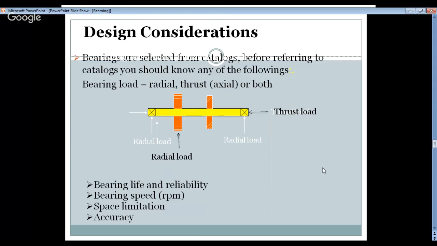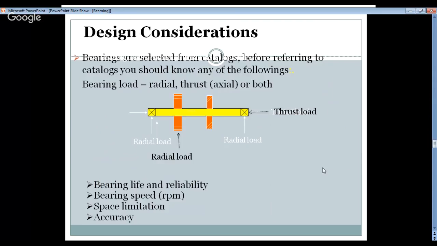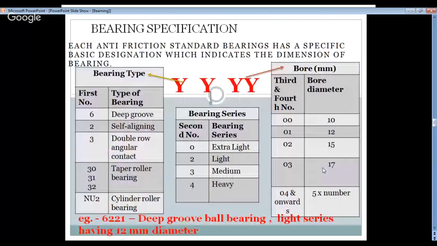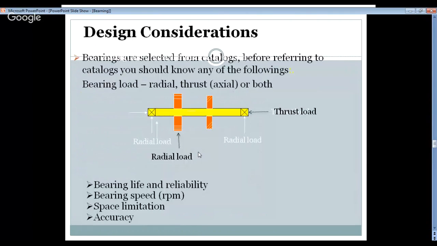And the last one is accuracy. Methodology to solve the problems: to define all these parameters, firstly I want to go through the design parameters, one by one.